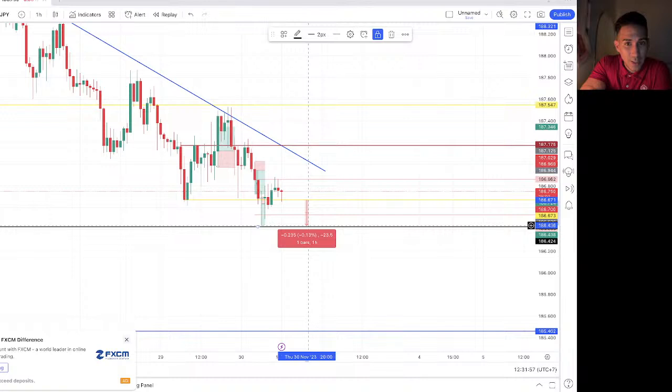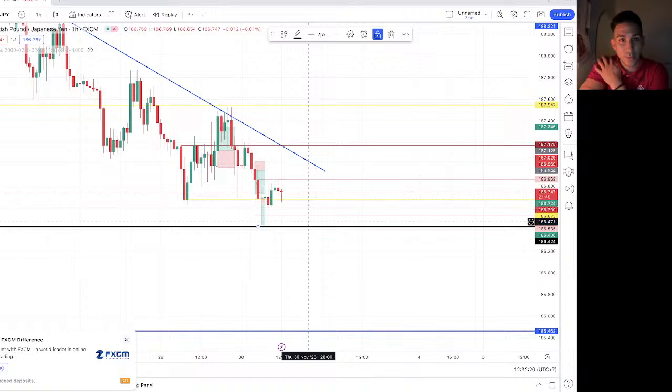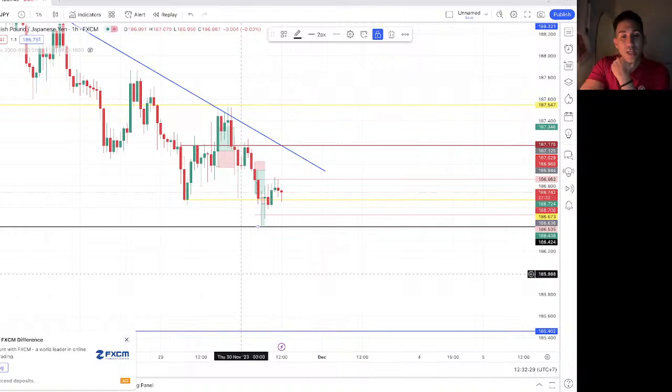It's not quite clean. As you can see here, we have some weak rejections. It's not a clean path, but we have to check the lower time frames to see if we have any opportunity. I'm not saying it's not tradable, but a better solution would be to wait until this 4-hour resistance is broken, so then we have all this clean area here to make a good trade scenario.